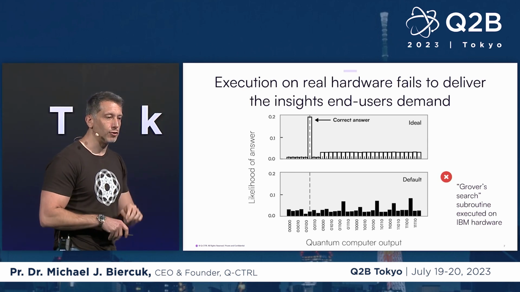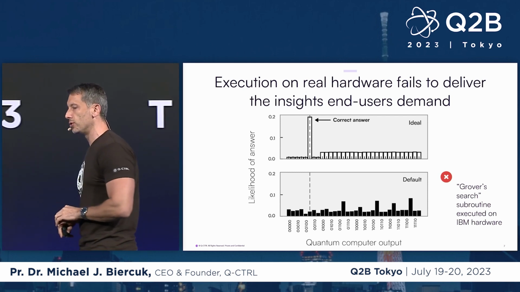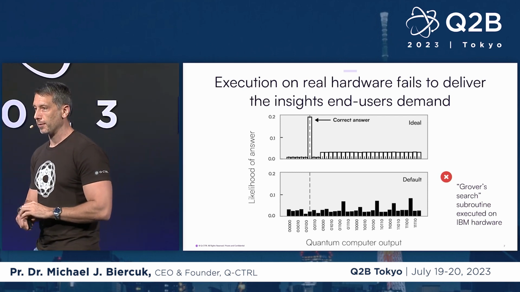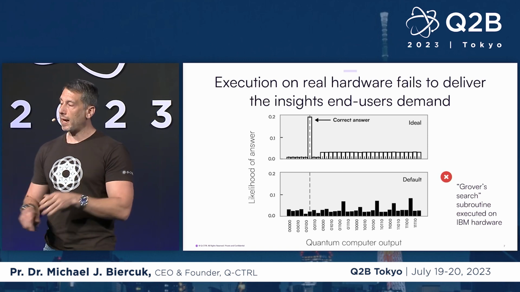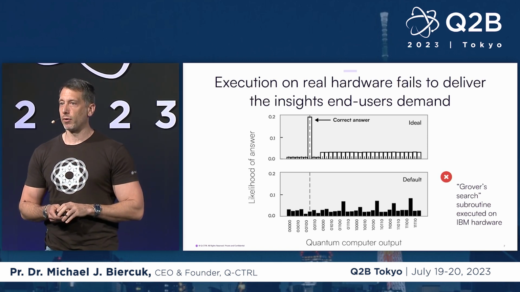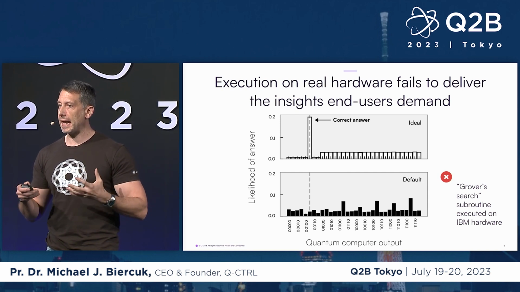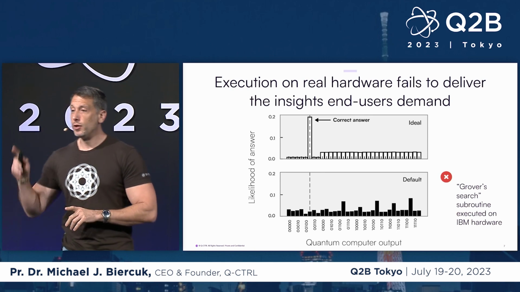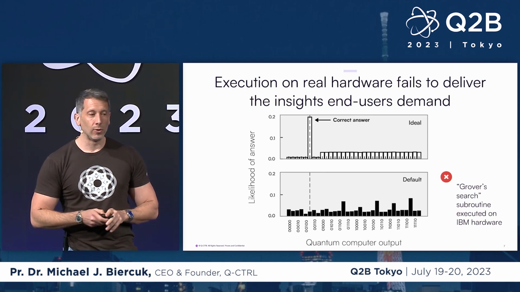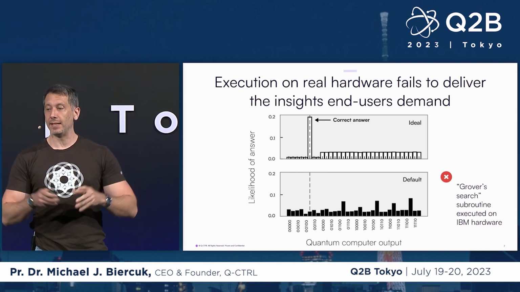This is a dirty secret. What does it look like when you, as a user, run an algorithm on a quantum computer? In this graph on the top, I'm showing what you should get for an algorithm. It's called Grover's search algorithm, if you're familiar with it. It's a needle in a haystack, unstructured search. You should identify the location of a marked state, of the needle in the haystack.